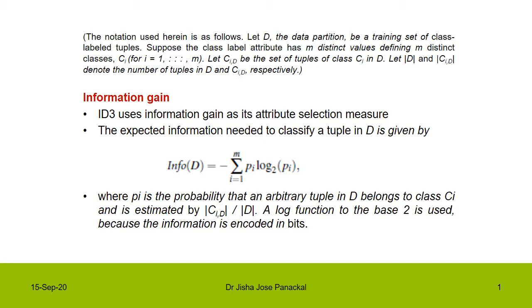The classes may be C1, C2, etc. And what is the probability that a particular tuple will belong to class C1 or to class C2, etc.? It is estimated by the number of tuples of that class, that is |Ci,D|, divided by |D|. |D| means the total number of tuples in the training set. A log function to the base 2 is used because the information is encoded in bits.